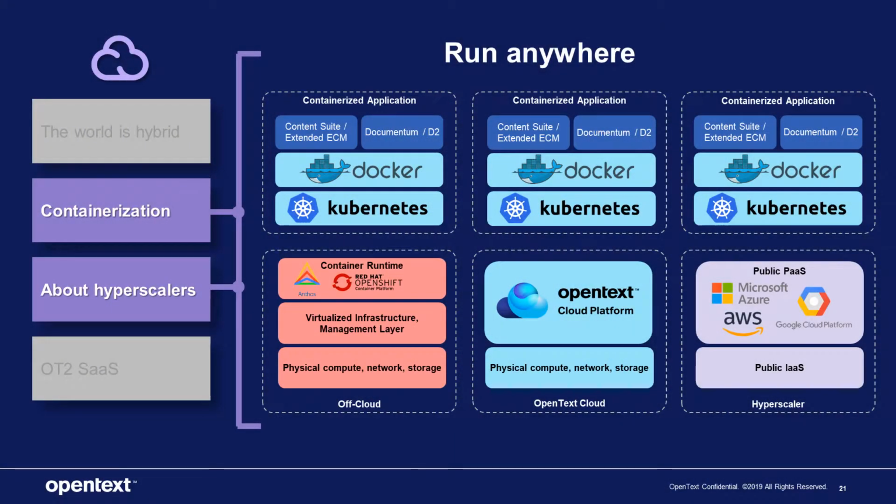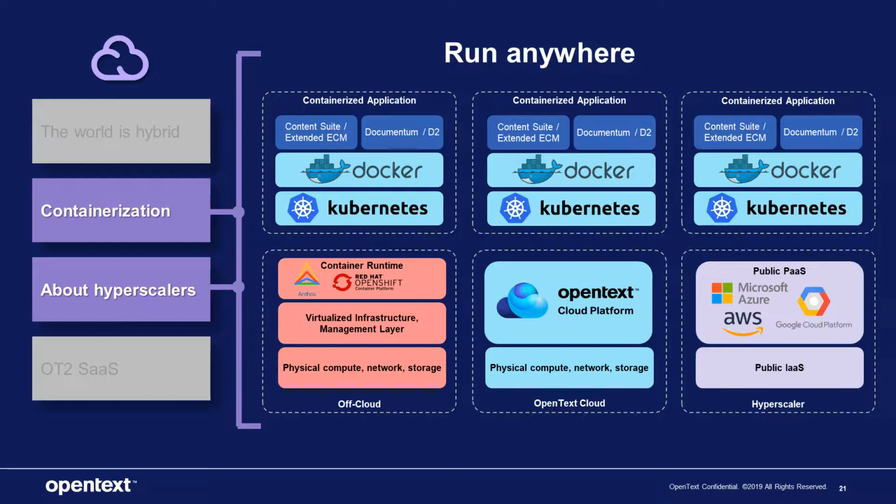So when we look a little bit deeper into this run-anywhere aspect, we containerize our applications as OpenText. We deliver Docker images. We deliver your deployment options with Kubernetes. You can give it to us and say, OpenText, please run that. But you can also use your own on-premise, off-cloud data centers.